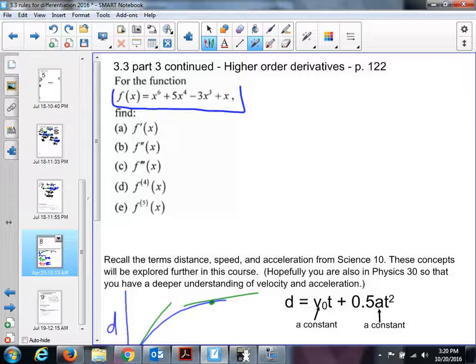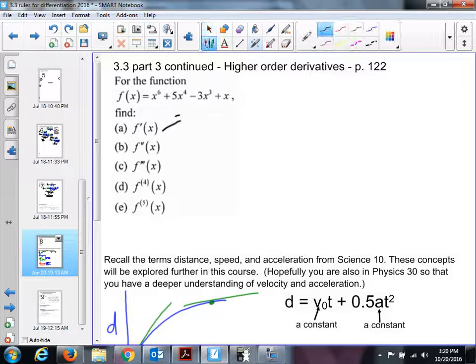I want you to take a second here and actually find the first derivative. That should not be anything new to you. Do it right now. That should be fast. Give me 10 seconds or a little more.